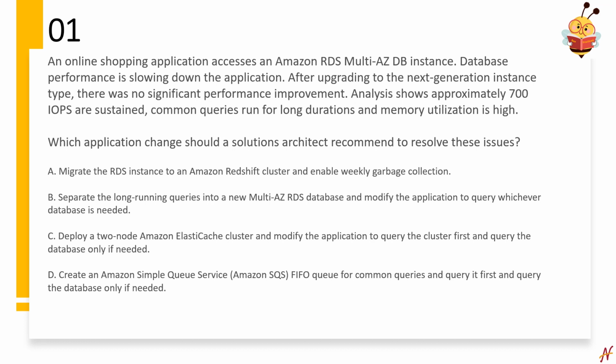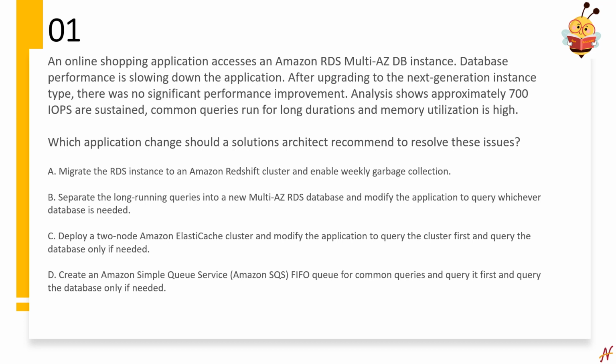Option C, deploy a two-node Amazon ElastiCache cluster and modify the application to query the cluster first and query the database only if it is needed. And option D is create an Amazon Simple Queue Service, that is Amazon SQS, FIFO queue for common queries and query it first and query the database only if needed.